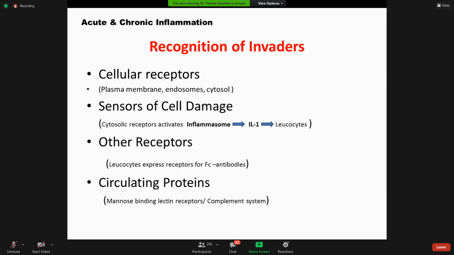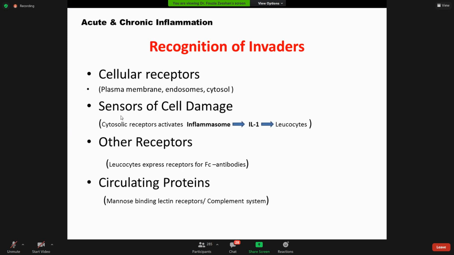Some receptors are present in the plasma membrane, the extracellular receptors, and some are present in the intracellular cytosol and endosome. These receptors recognize the foreign invader and get attached to that microbe or foreign particle. So these are the cellular receptors.